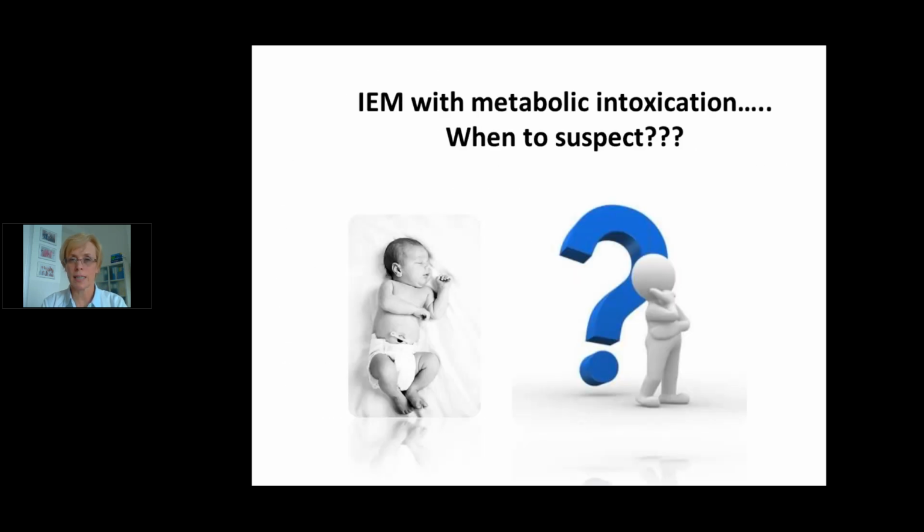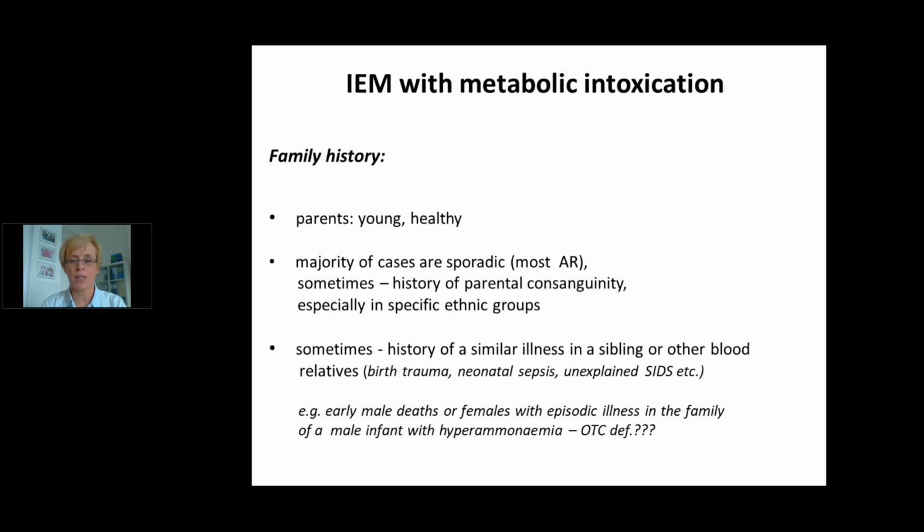So when should we suspect that our patient may be affected by an inborn error of metabolism with metabolic intoxication? First of all, we have to take a very detailed family history. There is never enough time that we can dedicate to a quiet discussion with the parents, trying to collect as much information and as much data as possible. However, all complications are possible.